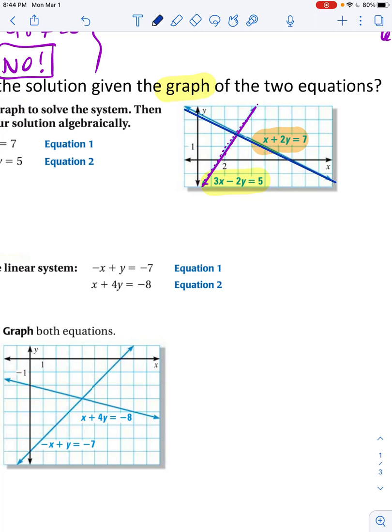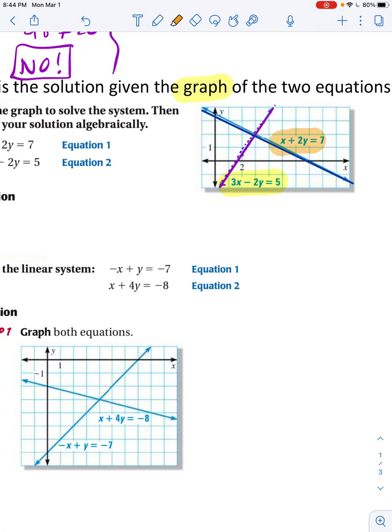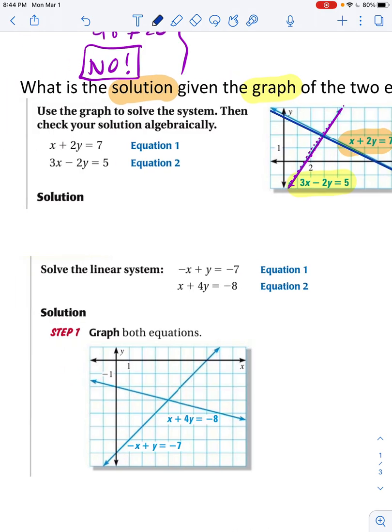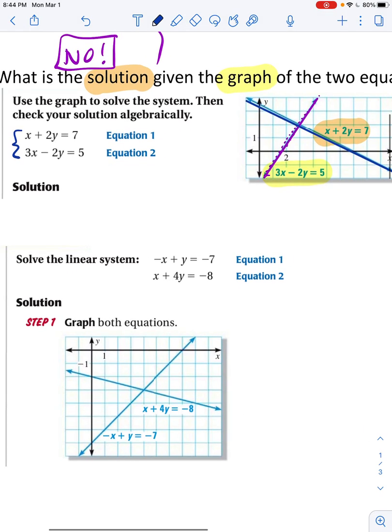So if you're looking for the solution to that system, meaning both equations at once, because over here they have our system written, but it's nothing different than the 2 equations that have been graphed. So we had equation 1 graphed here as line 1, and then equation 2 is graphed here as line 2.